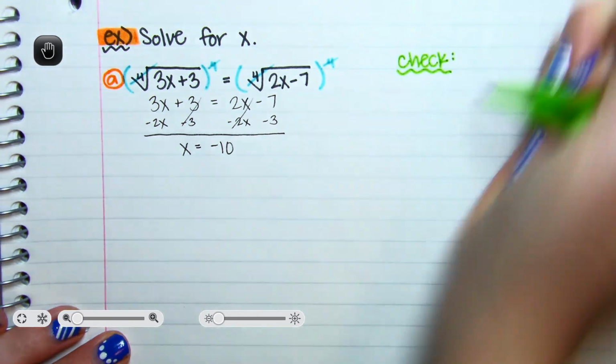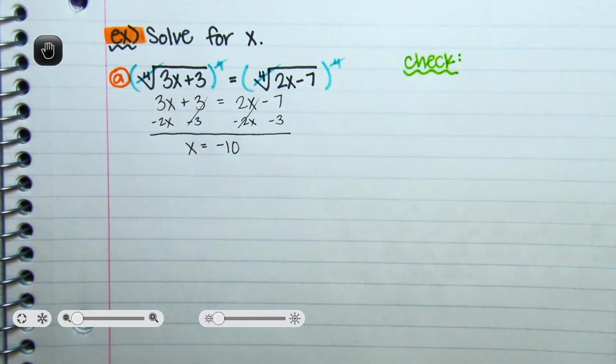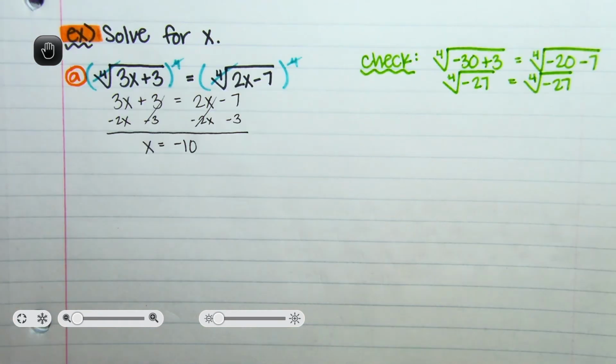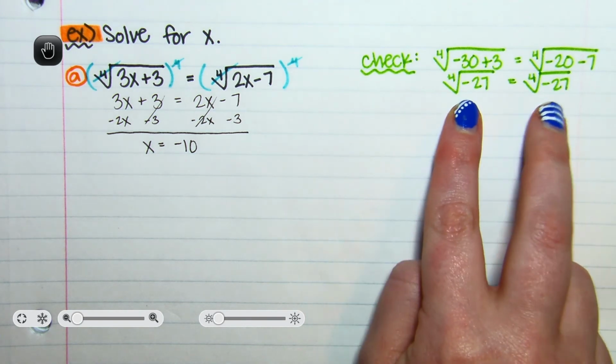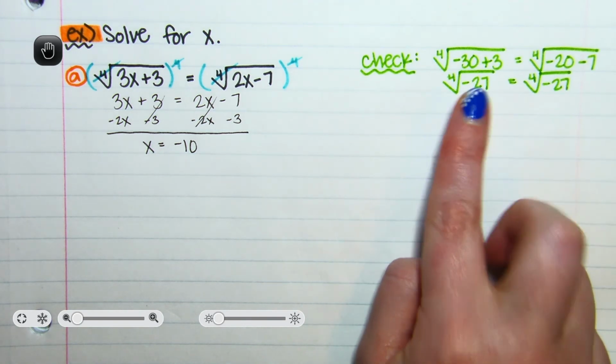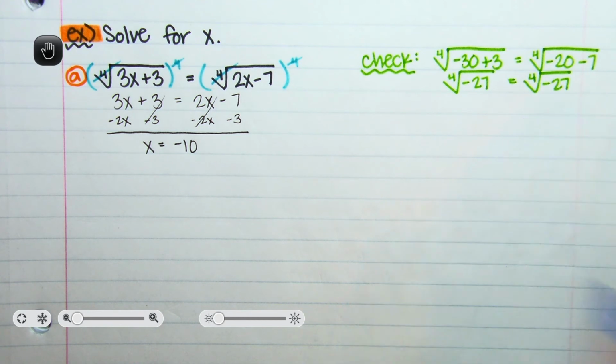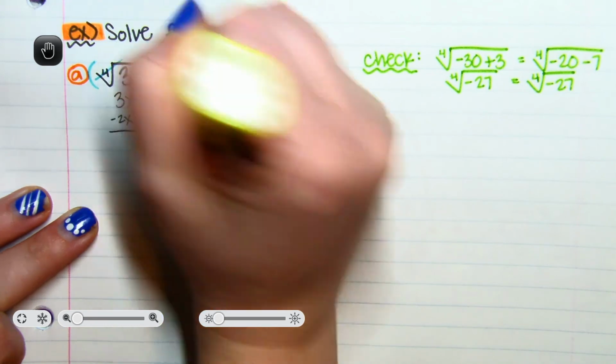So I want you to go ahead and do this on your own. Push pause, and then when you're ready to check, push play. All right, go ahead and check what's written over here in green. Now, although we can't simplify either of these things any further, the left side and the right side are equal to each other. They are equivalent, which means this is an answer that works.